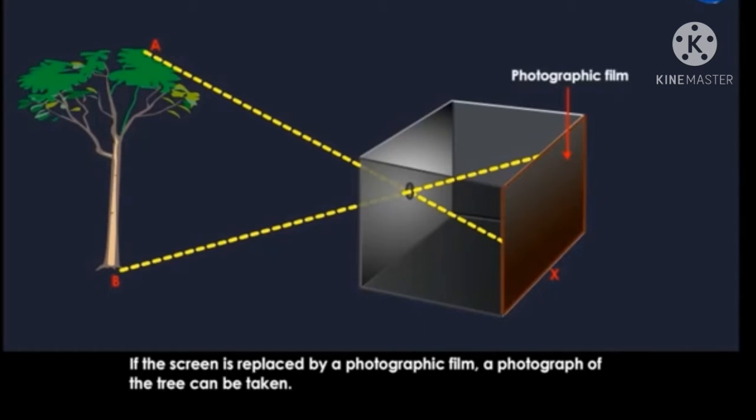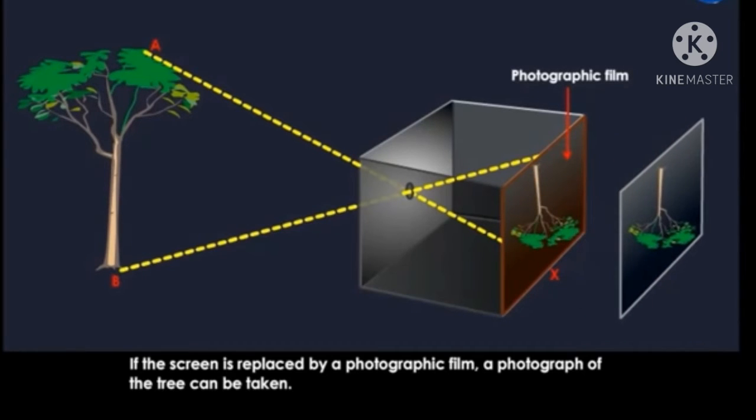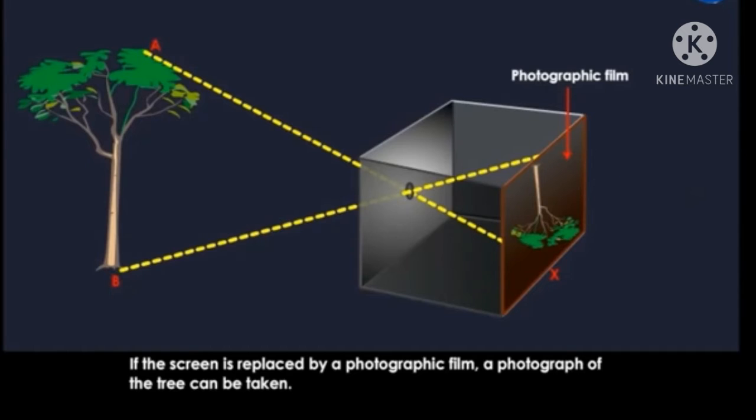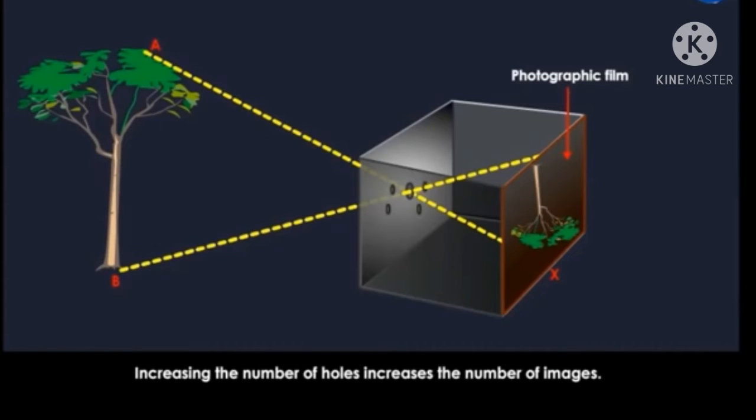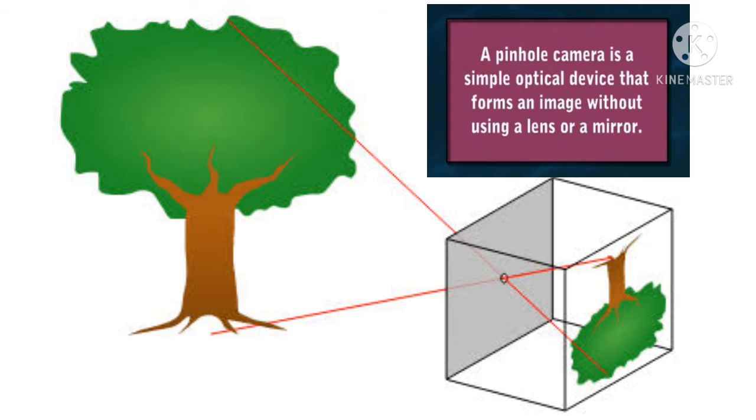The light coming from the tree passes through the pinhole of the pinhole camera in a straight line. The working of the pinhole camera illustrates the property that light travels in a straight line.